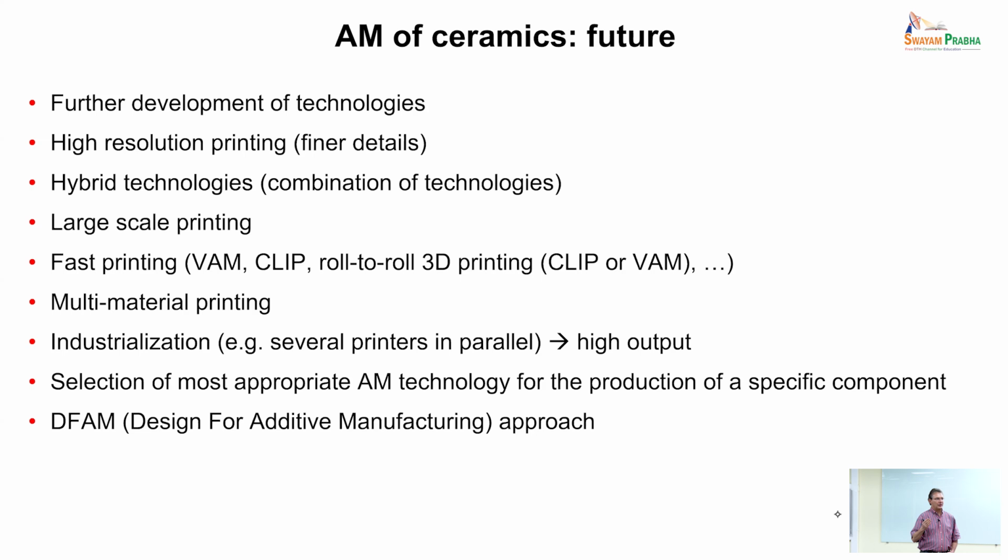If you look at the literature, CLIP is this technology for VAT photopolymerization that allows for continuous printing, speeding. And the advantage of continuous printing is that a good part of the time that it takes to print a part is related to the fact that once you inscribe the part with light, then you lift it, and then you fill the gap with a new feedstock that needs to be photopolymerized.